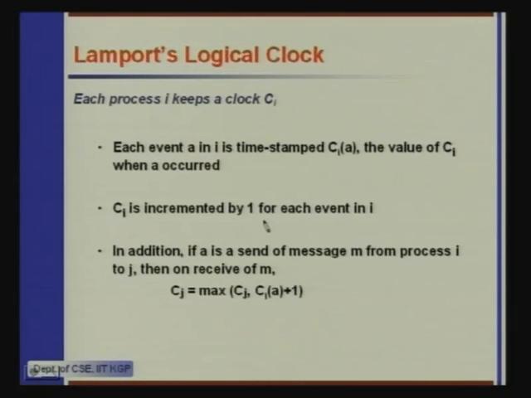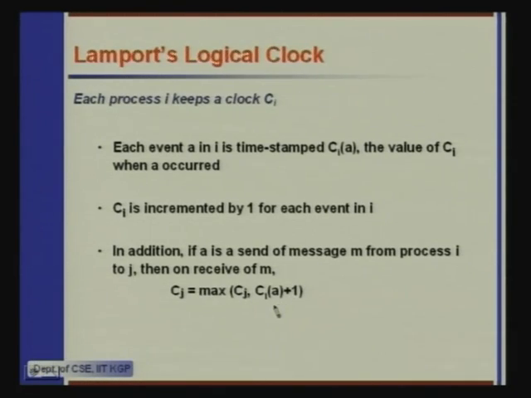Okay. In addition, if A is a send of message M from process I to process J, then on receive of M, process J will update its clock as follows. It will say Cj is the maximum of what it was and Ca plus 1.